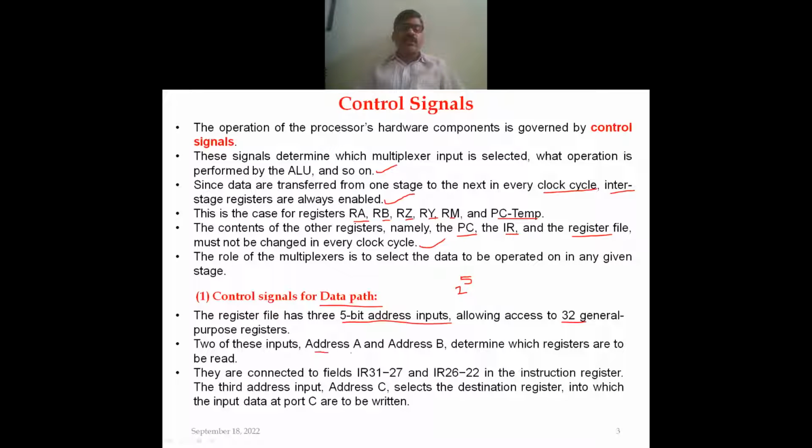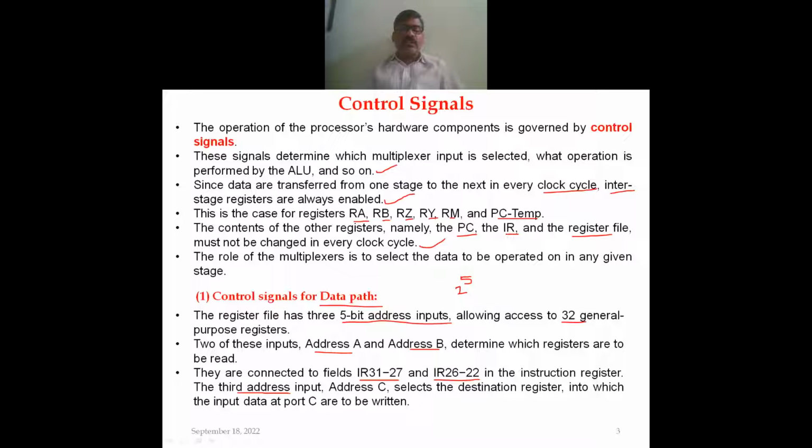Two of these inputs are address A and address B, which determine which registers are to be read. They are connected to fields in the IR register: IR 27 to 31 bit positions and IR 22 to 26 bit positions in the instruction register.